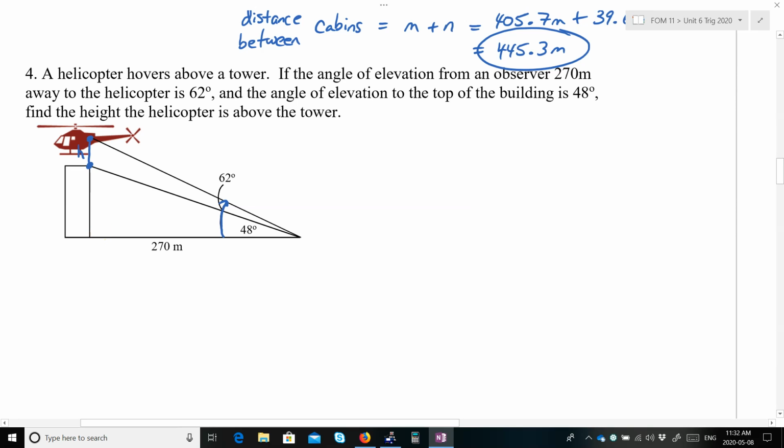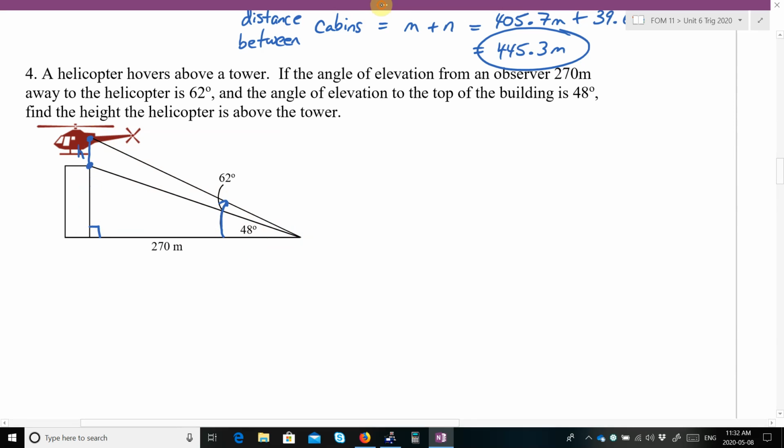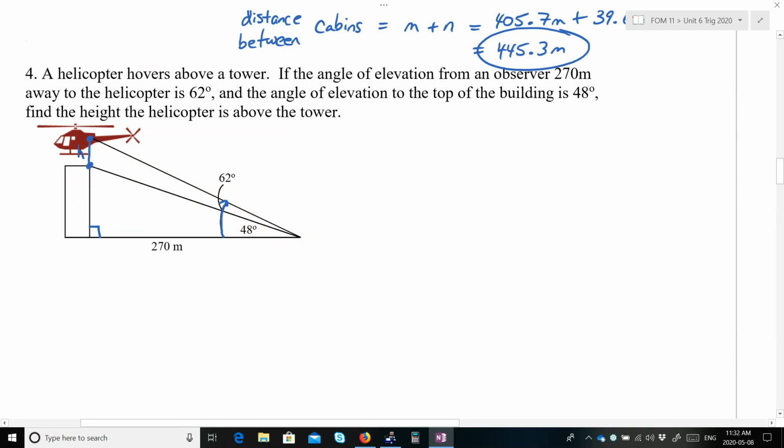Okay, so here's the plan of attack. This is where our 90-degree angle would be, and we have two 90-degree triangles. The big one that goes all the way out here, and then there's this smaller one. Okay, and so the plan of attack is to use the big triangle to find the whole height up to the helicopter, and then use the smaller triangle to find from here to here.